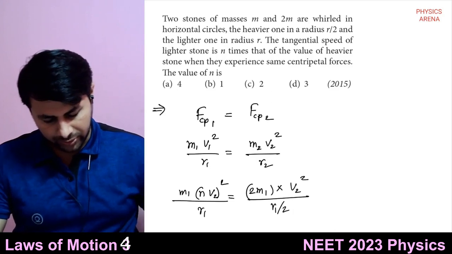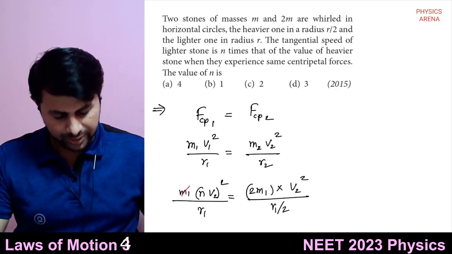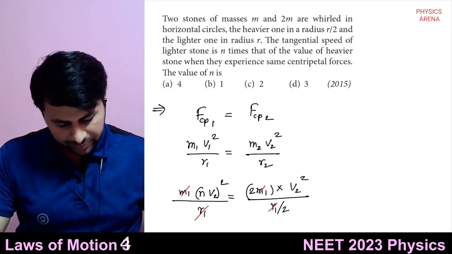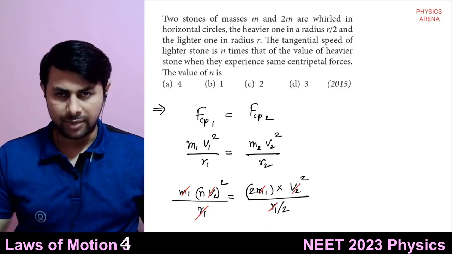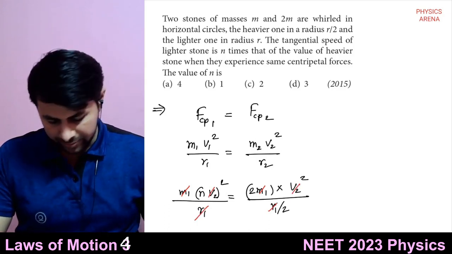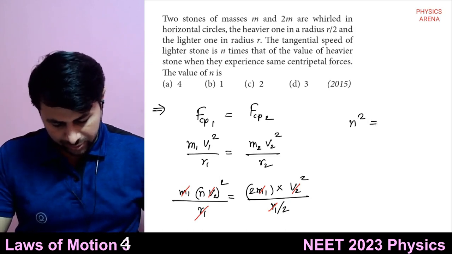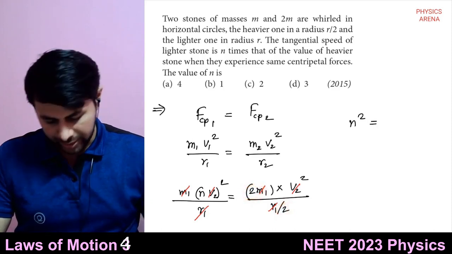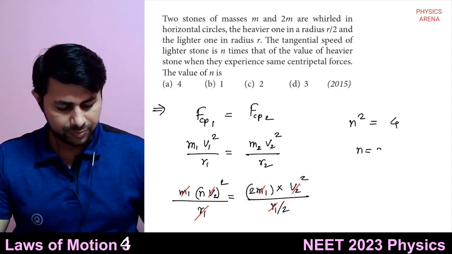Now everything gets cancelled out. m1 gets cancelled, r1 gets cancelled, v2 square gets cancelled. So you have n square is equal to 2 and 2 from the denominator taken to the numerator. N square is 4, so n is equal to 2.